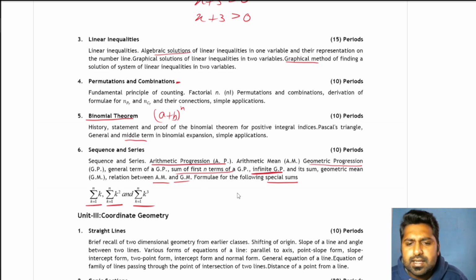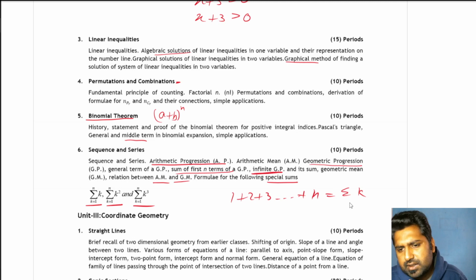So basically the idea is the one thing I told you, like 1 plus 2 plus 3 up to n. This is known as summation k, basically from k equal to 1 to k equal to n. So there are direct formulas for this. I told you the formula is n into n plus 1 by 2.